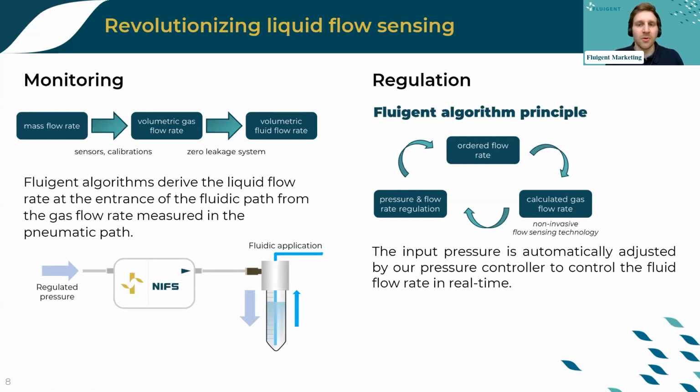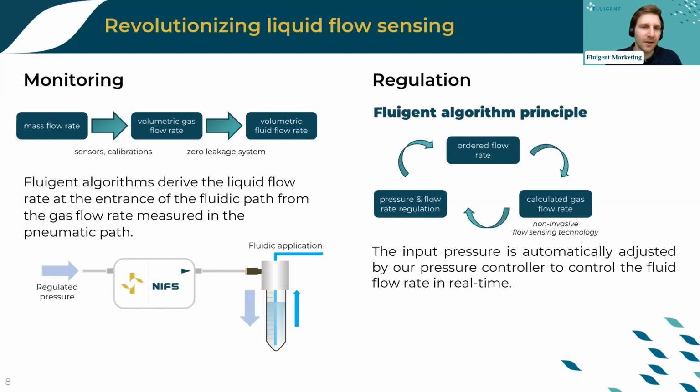And then, thanks to our algorithm, we can also measure the flow rate and then perform the regulation thanks to a feedback loop system that I already introduced with our calorimetric flow sensors. So here it's the same principle, but we apply it with this type of sensor.